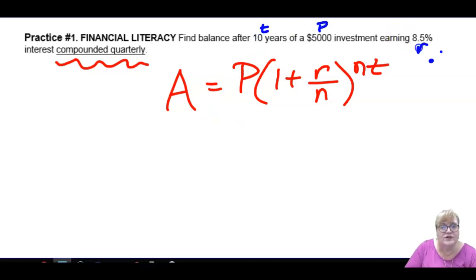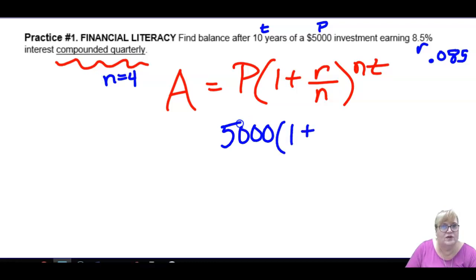This is our rate, which is going to become 0.085. Move decimals carefully. And quarterly means n is 4. So we have 5,000, 1 plus 0.085 divided by 4, and then to the power of 4 times 10 years.